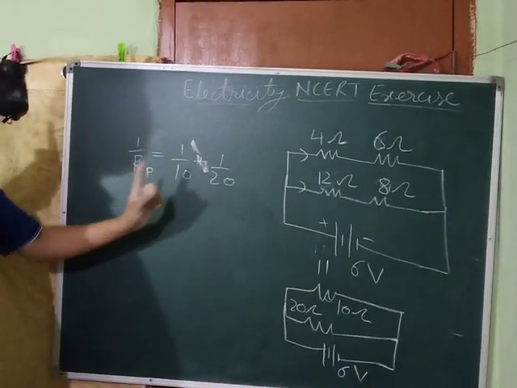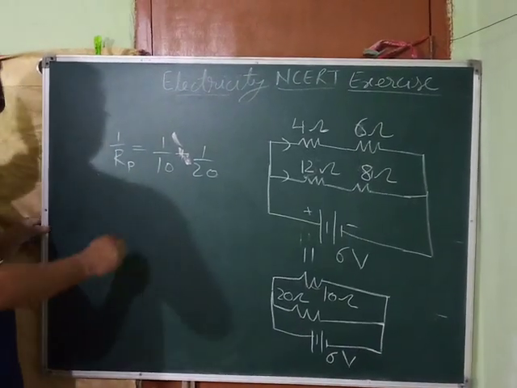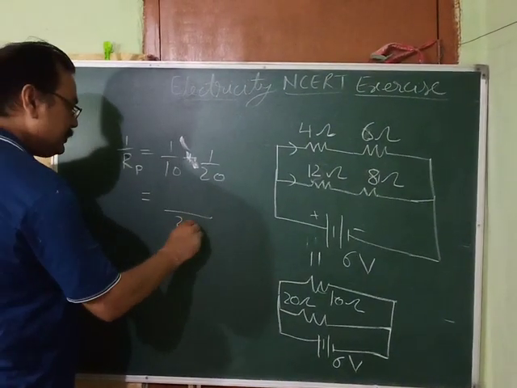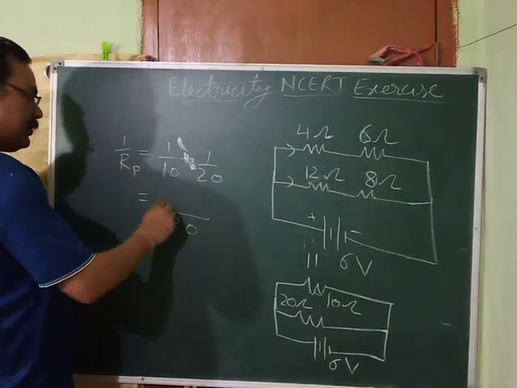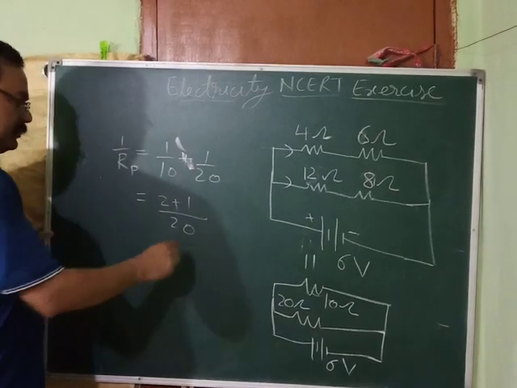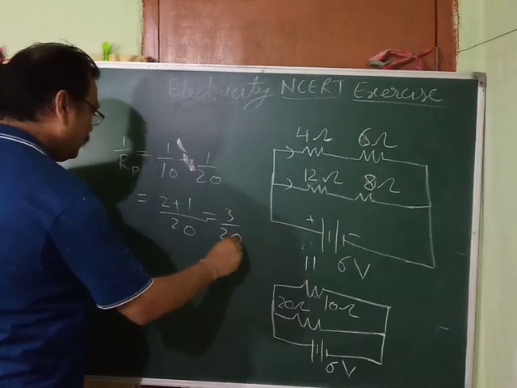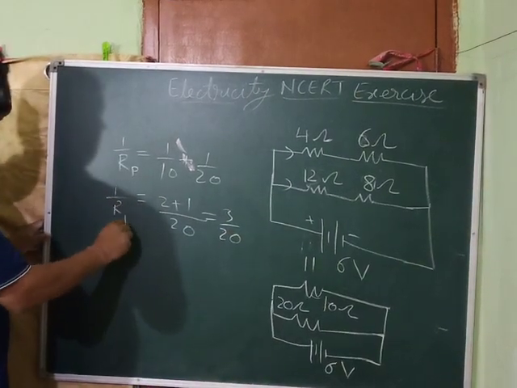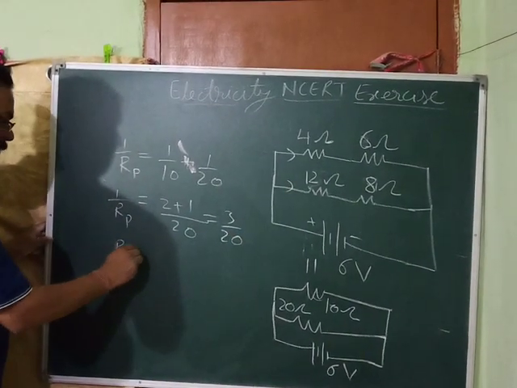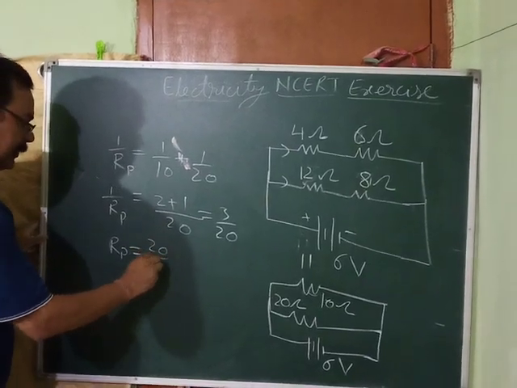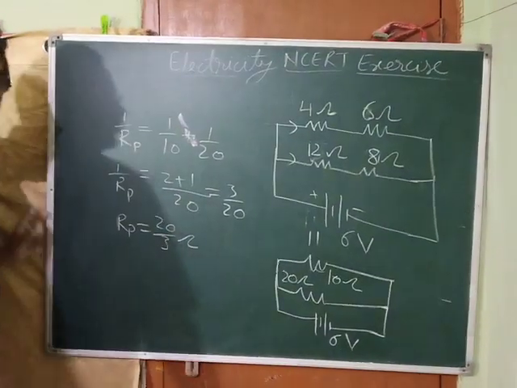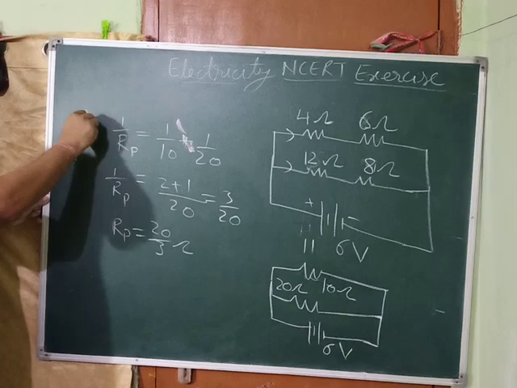Okay. So what will we get? 20 is the LCM. We will get here 2 plus 1, 3. So what will you get? 3 by 20. Okay, that is 1 by Rp. So Rp is how much? Rp is 20 by 3 ohm. So we have got the total resistance. Part A is solved.